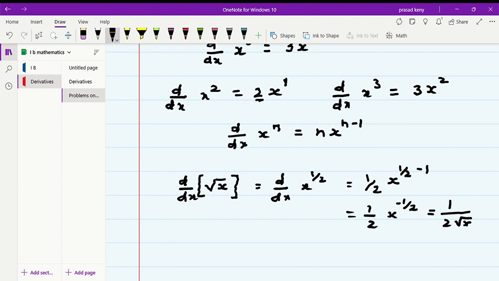So keep this in mind: when you take the derivative of a function in the form x to power n, n comes down and power of x reduces by 1.